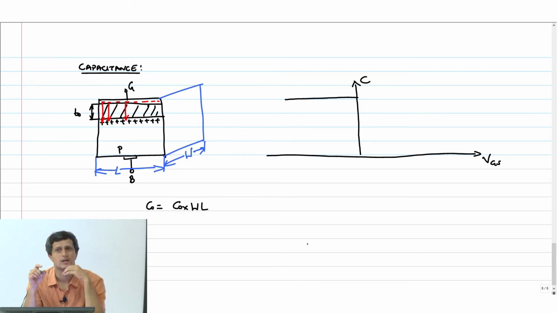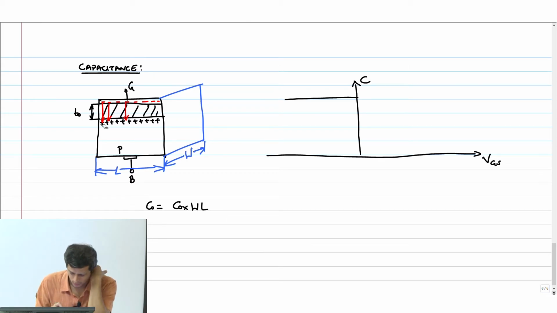Now what do I do? I move this into the positive region. VGS is going to be greater than 0, and then which region will it start operating in? Depletion mode, right? So if you look at this, I am now going to put positive charges here because VGS is greater than 0. This will start depleting my channel.